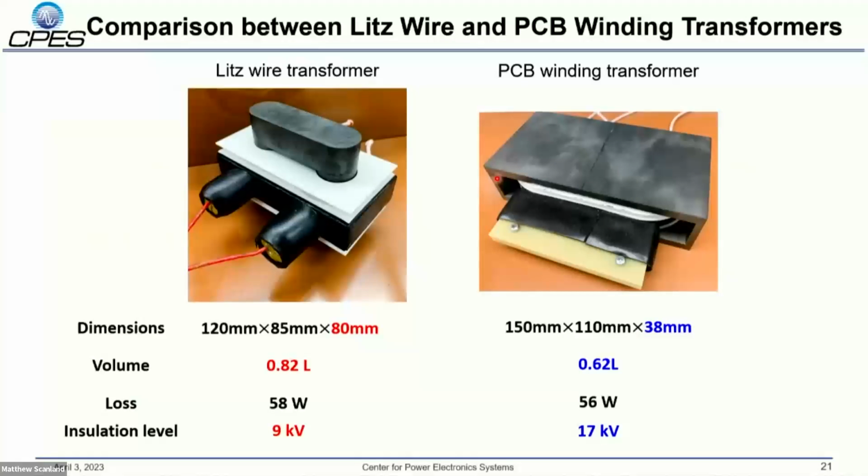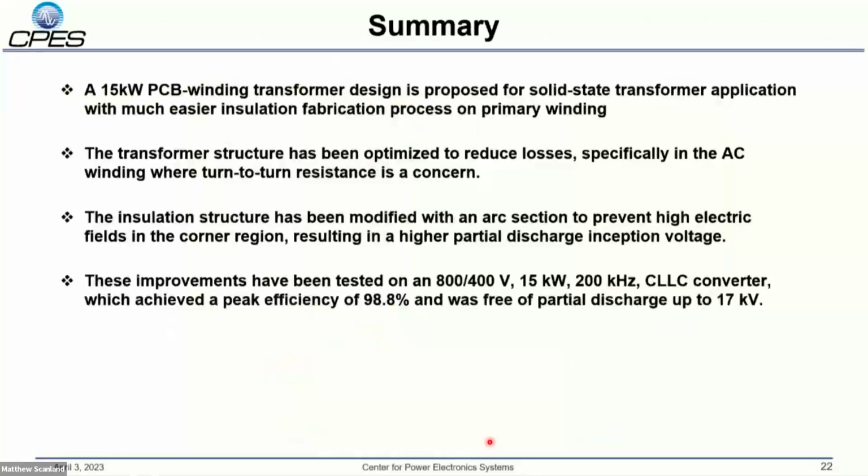Also, in this comparison between the Litz and PCB windings, although the width and length are slightly increased, the profile is much smaller and the volume will be smaller. With almost the same loss performance, our insulation level is lifted almost 2 times.